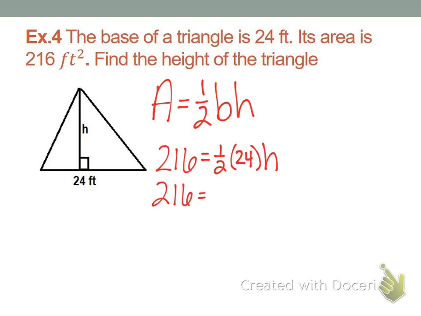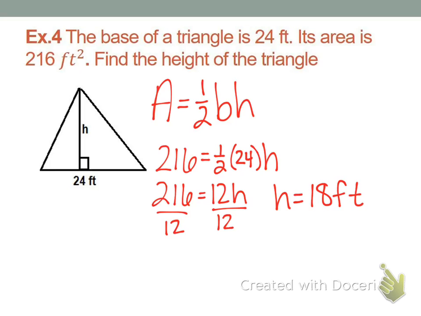Half of 24 is 12. Last thing I have to do, divide. What do we get for the height? 18. Good. The height is 18. My units should be feet. Are they squared? No, because it is not area.